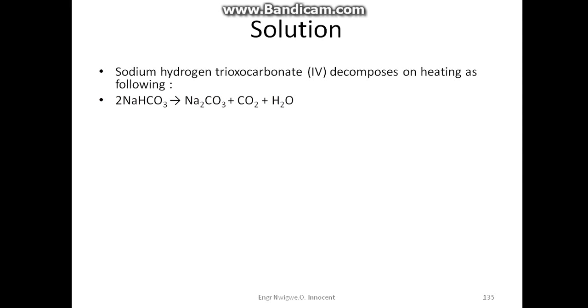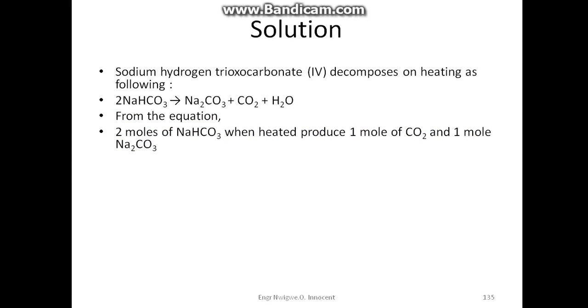Sodium hydrogen trioxocarbonate(IV) decomposes on heating as follows: 2 moles of sodium hydrogen trioxocarbonate will decompose to sodium trioxocarbonate, carbon(IV) oxide and water. From the equation, 2 moles of sodium hydrogen trioxocarbonate when heated produce 1 mole of carbon(IV) oxide and 1 mole of sodium trioxocarbonate.